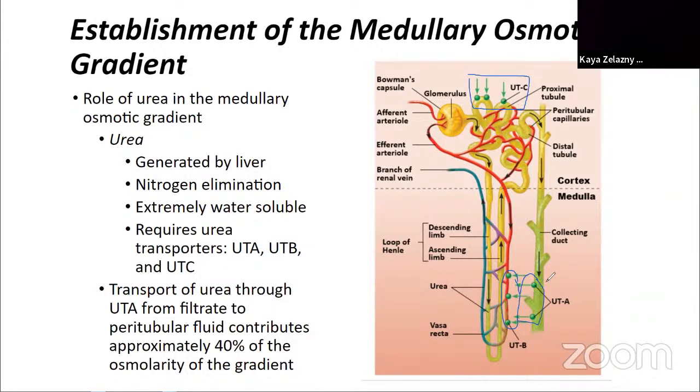So this is also adding to the gradient that allows water to move, basically. So this is partially adding into the osmolarity of the medulla. So it's not just sodium chloride and potassium. It is also that we built up urea here in the medulla because we suddenly are able to move urea again as we go deep into the medulla with the collecting duct.